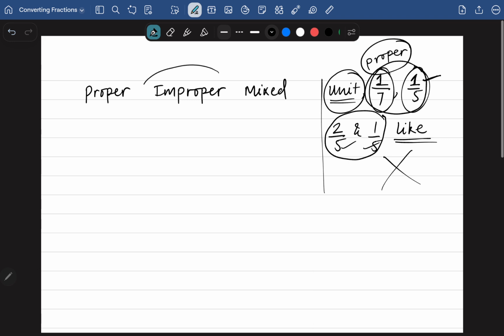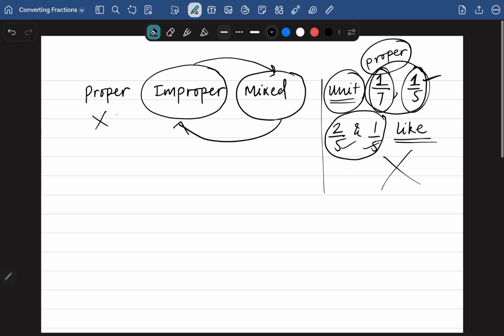Our main aim is to make improper fraction into mixed fraction and mixed fraction into improper fraction. We cannot do anything to proper fraction as they are already in their basic form.